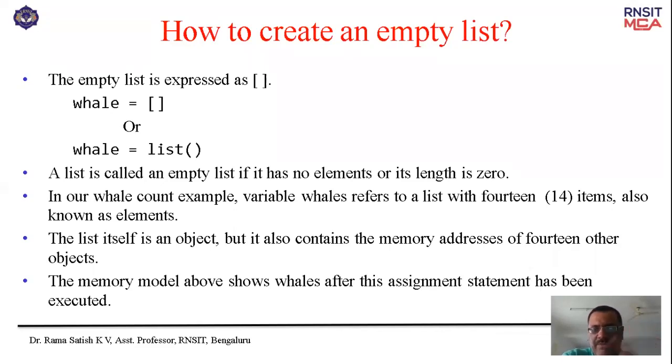Remember, very, very important. Lists and arrays are totally different. First point. Second point, the list address is different, the list elements' addresses are different. If you want, note it down. Very, very important.